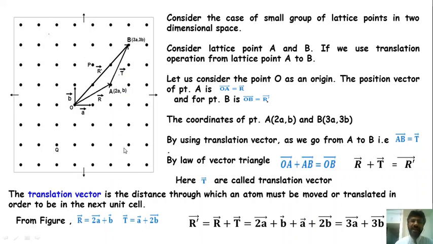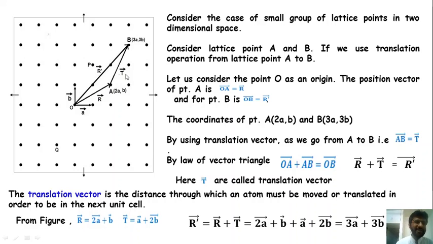By using the translation vector, as we go from the point A to the point B, it gets represented by the vector T, by using the law of vector triangle: OA plus AB is equal to vector OB. Therefore, vector R plus vector T is equal to vector R dash. Here, vector T is called the translation vector.